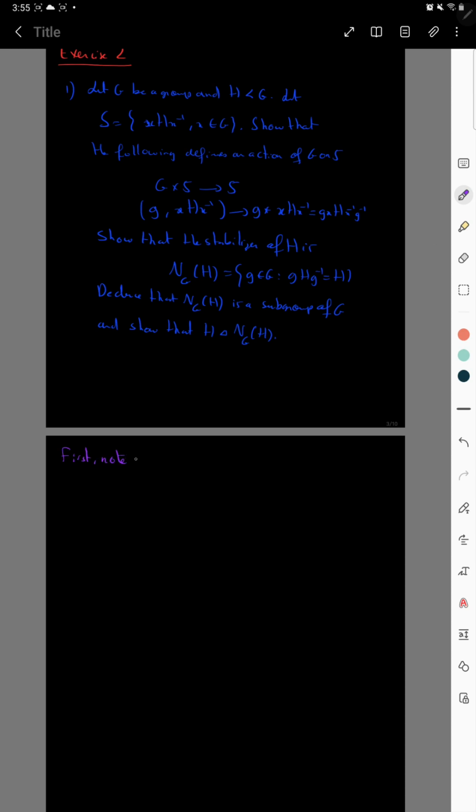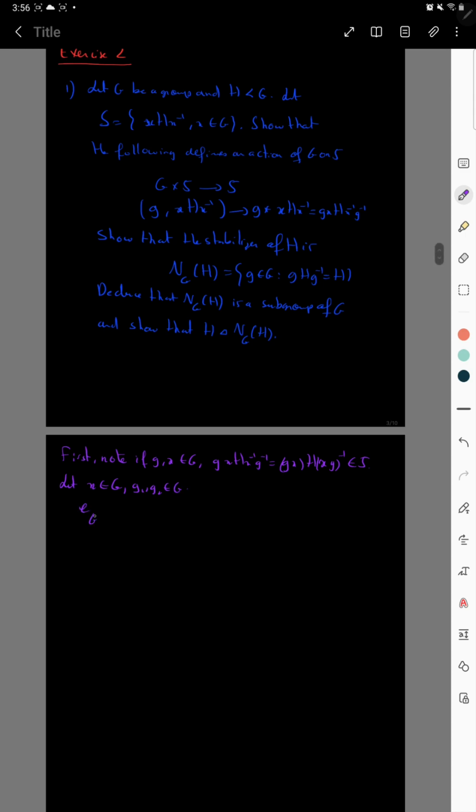So first, note that if g and x are in G, then g x H x inverse g inverse is just gxH(gx) inverse, which belongs to S. Now let x be in G, and g1, g2 be in G. What is e star an arbitrary element of S?